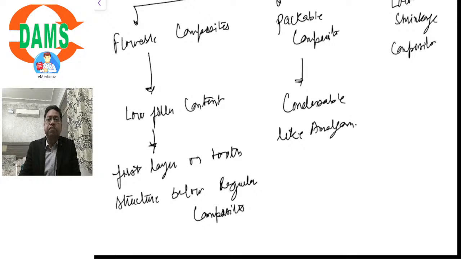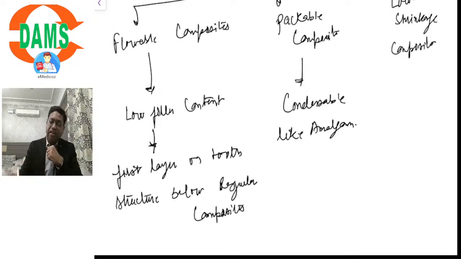Whenever we are doing restorations, especially class 2 with composites, development of strong proximal contacts is a clinical challenge because composites are soft, they cannot be condensed, so development of a good proximal contact is a challenge.